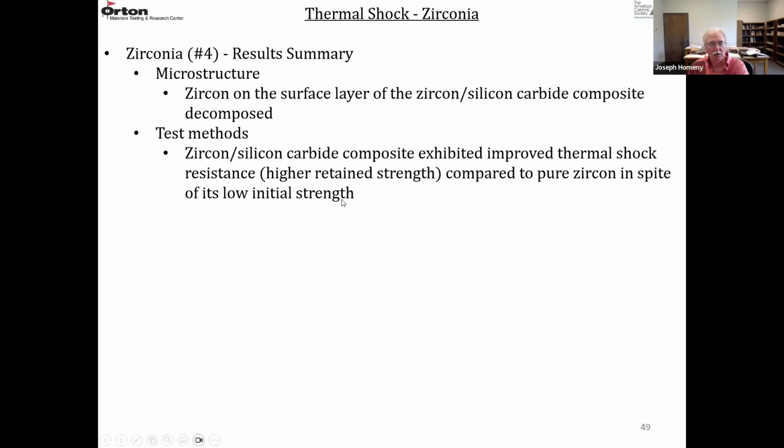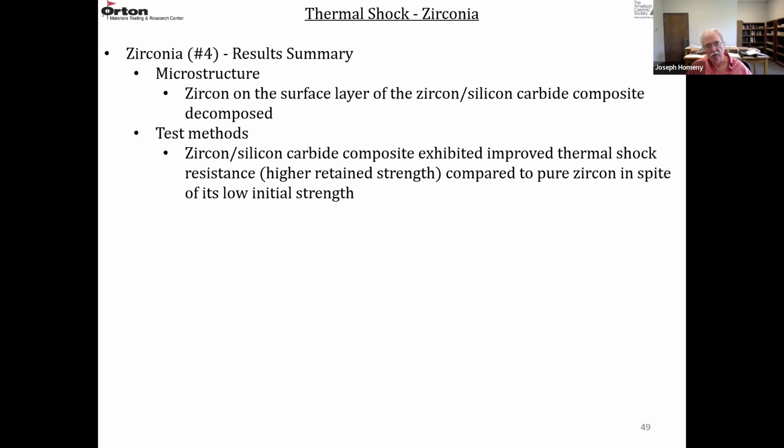In spite of its low initial strength, it still had higher retained strength than the pure zircon material. So that's what I have on some examples of zirconia and zircon. Carefully controlling the amount of the monoclinic phase controls the crack density and controls the thermal shock resistance.